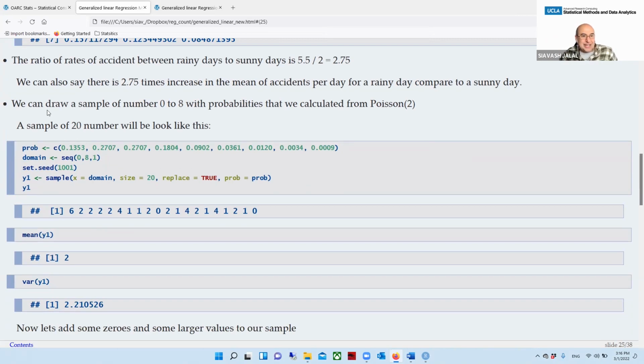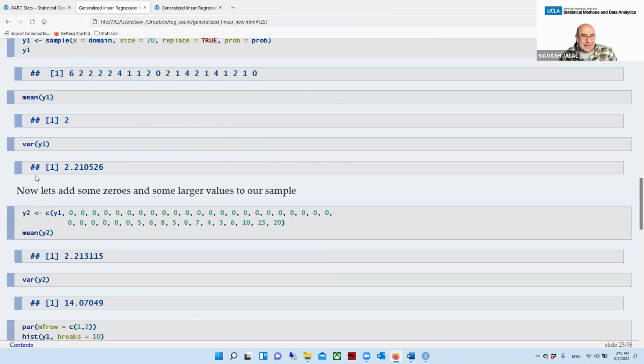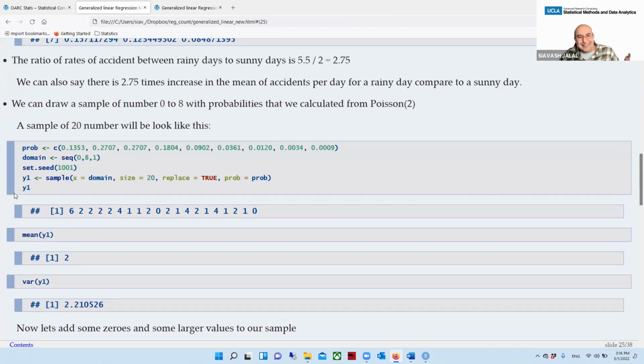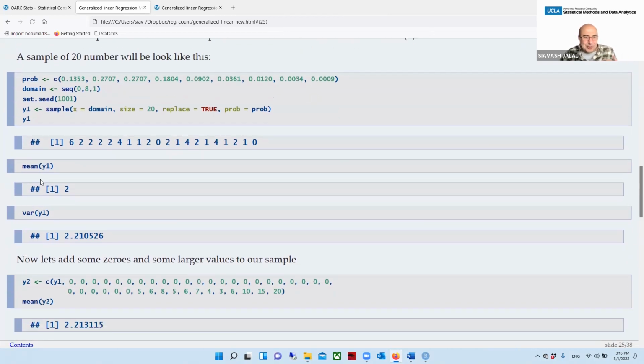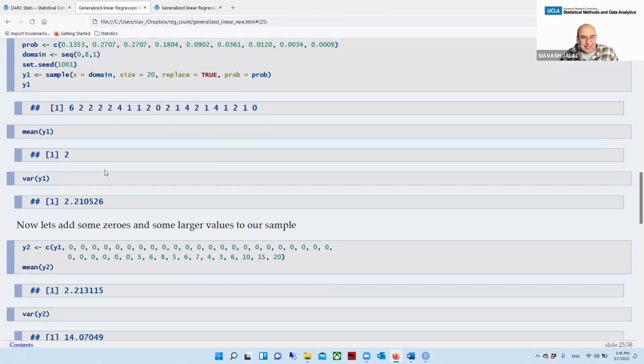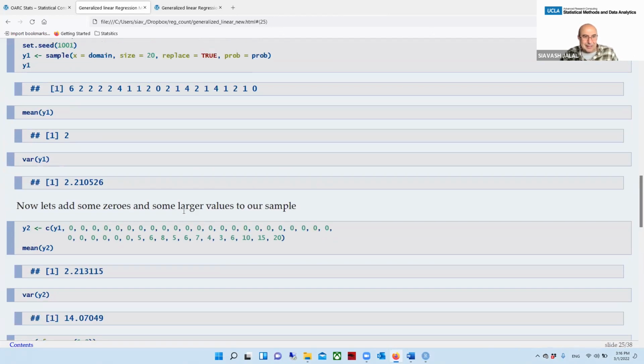Here I generated an example. I generated some distribution using these probabilities. I tried for myself to create some sort of Poisson distribution, but I wanted to add some zeros, and I wanted to see how that distribution would be different.